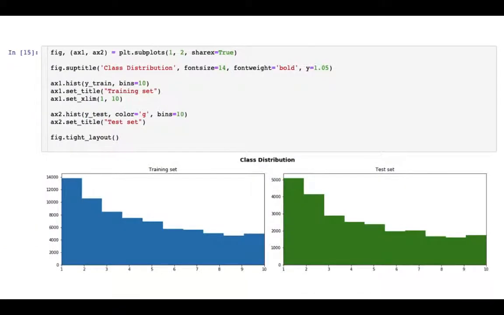Another thing I wanted to see was how the testing set is different from the training set, and it seems like the distribution of different classes or digits is very similar. In addition, we can also see how different digits come up in the data set.